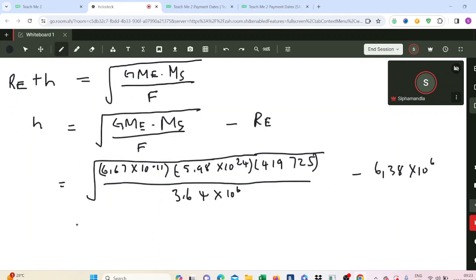Now let's plug in the values. We'll start by solving the first part. I'm punching the calculator here, so bear with me.